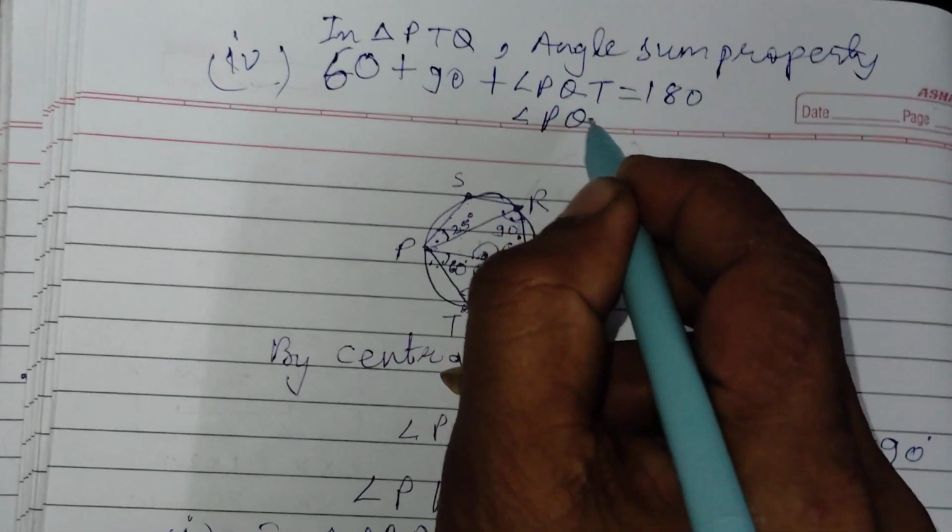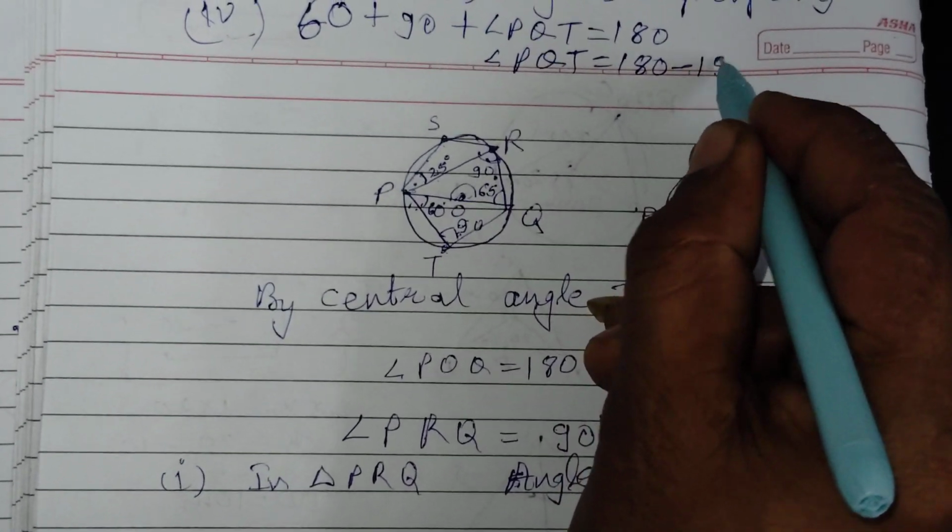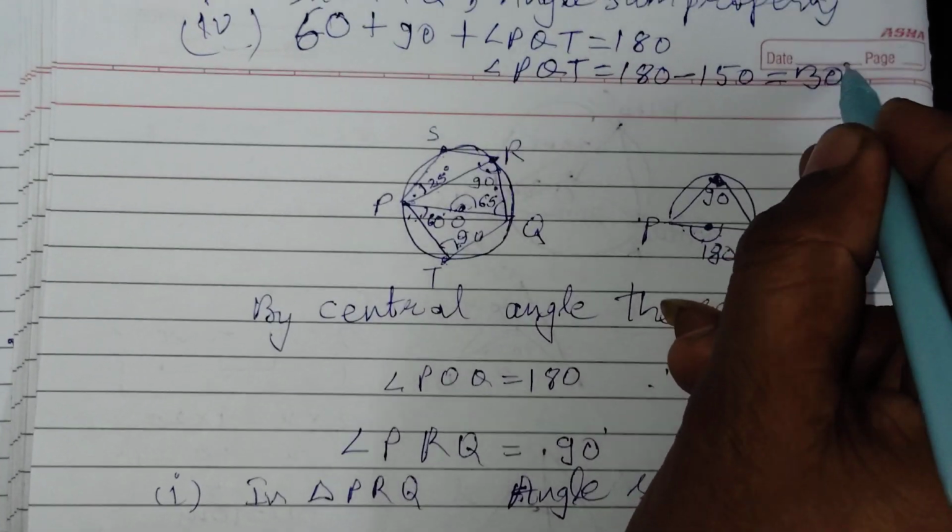So angle PQT is 180 minus the sum of 90 and 60, which is 150. So 180 minus 150 is 30 degrees, the fourth answer.